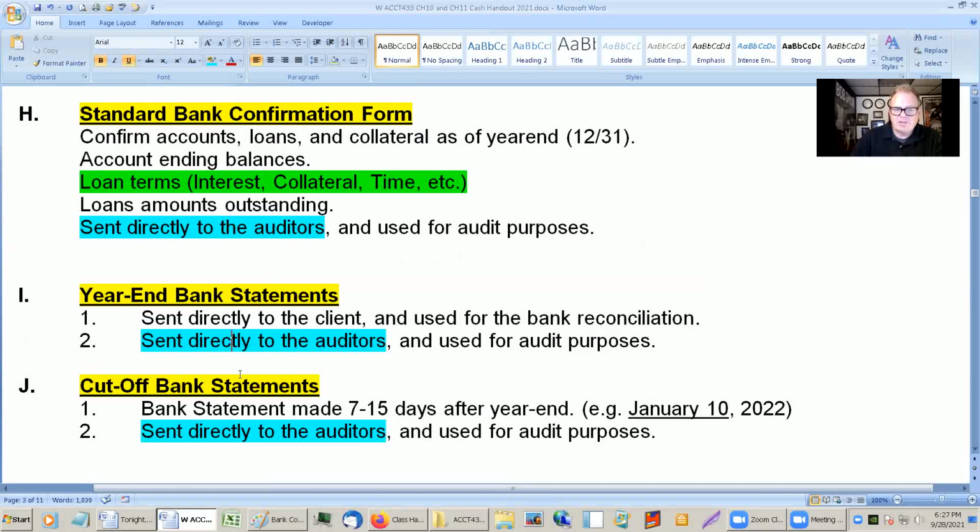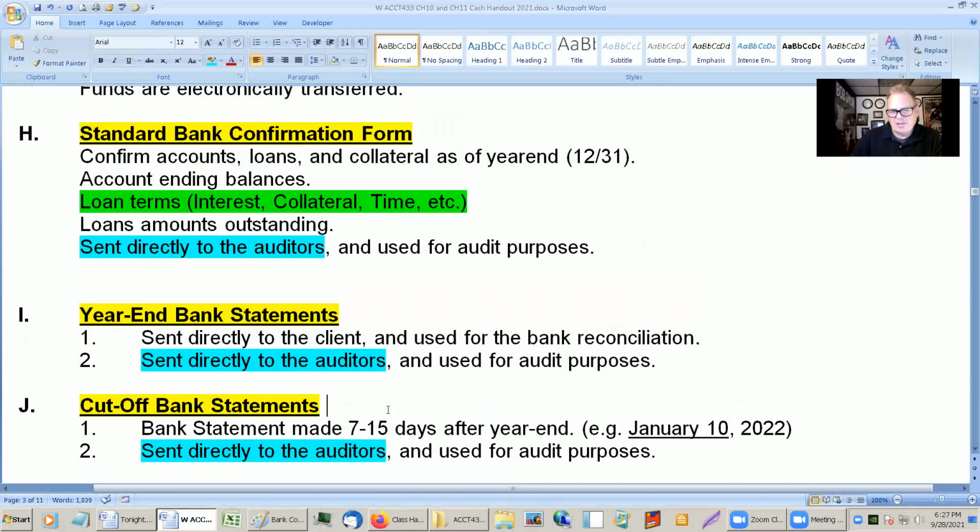The year-end bank statement sent directly to the auditors, and the cutoff bank statement sent directly to the auditors. Usually the client doesn't get this because they don't really care about it. They're not going to use it for anything. But these are the 3 banking forms that we will get from the bank that are very important to an audit.